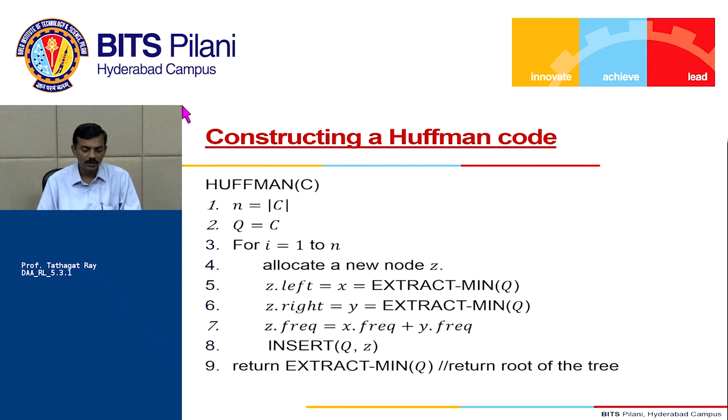So C is your alphabet, and n is equal to the size of C, that means how many characters there are in your alphabet.